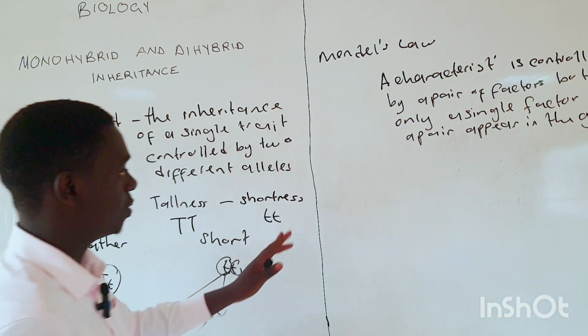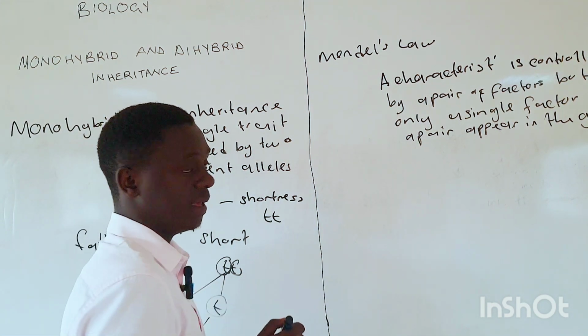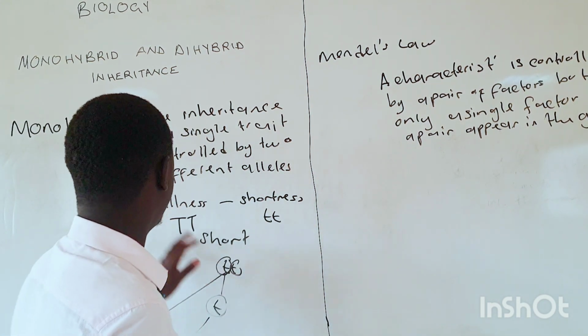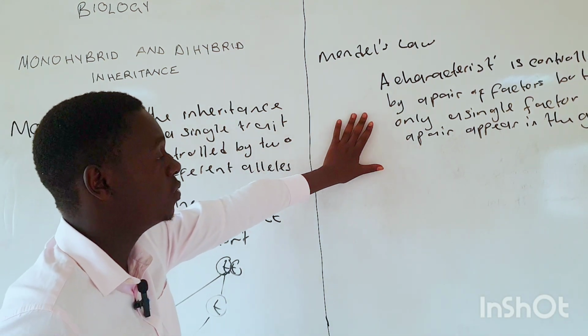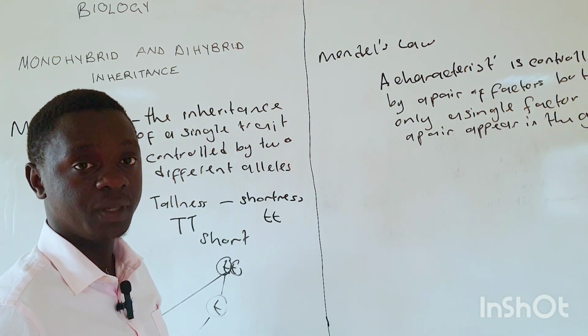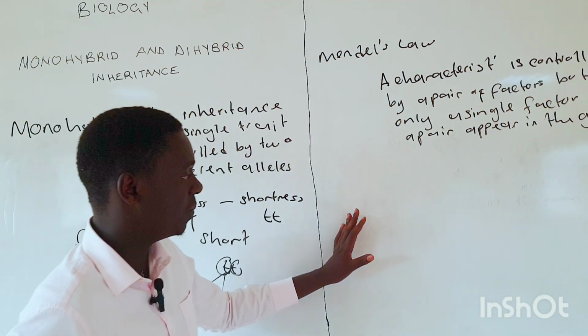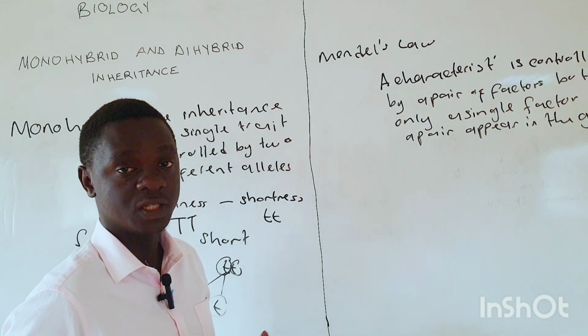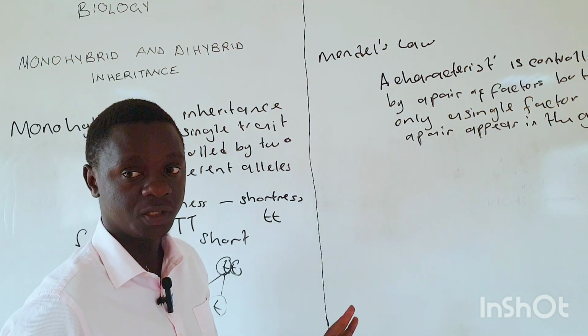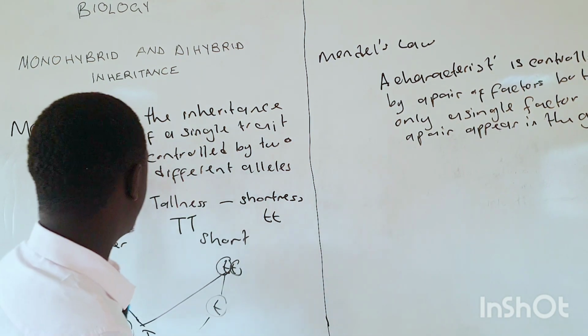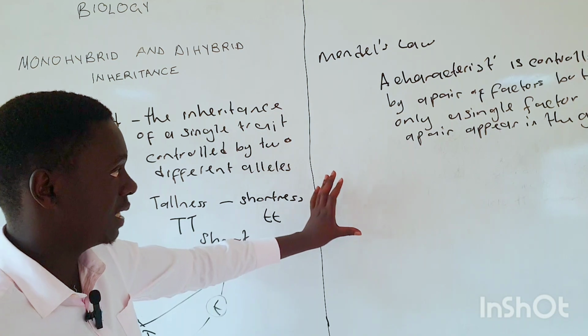Now, we are going to see what we call Mendel's experiment. To verify this, Mendel carried out an experiment on the pea. In this experiment, he crossed two pea plants. One was tall, another was short, and he came out with the monohybrid inheritance ratio.